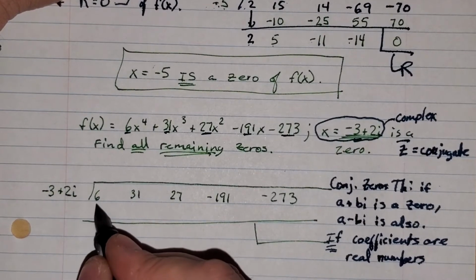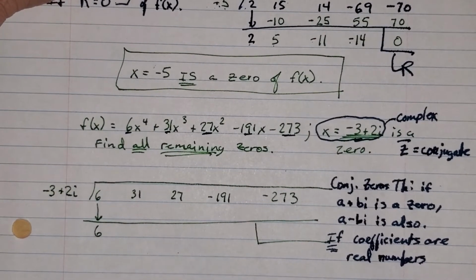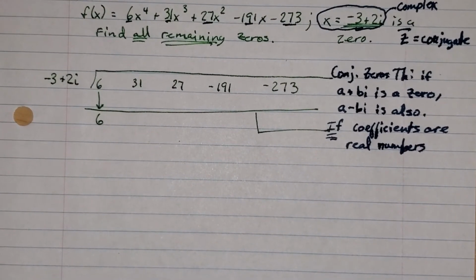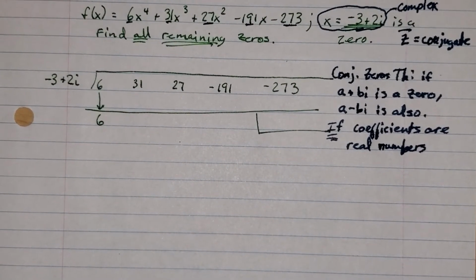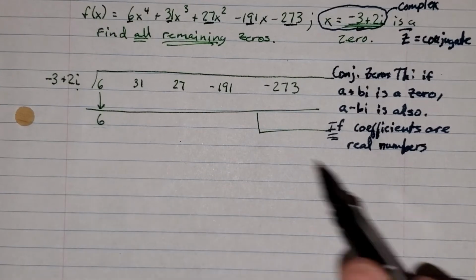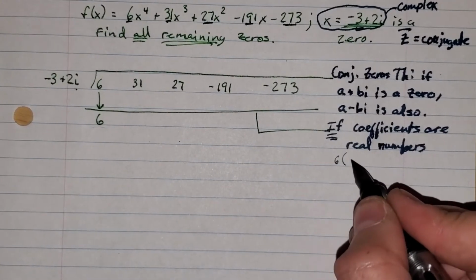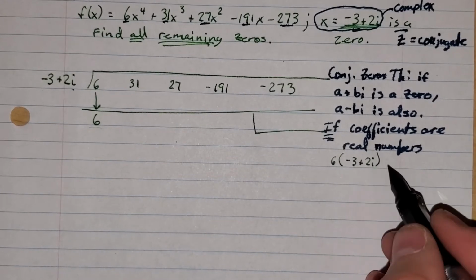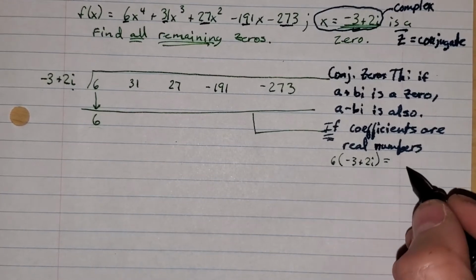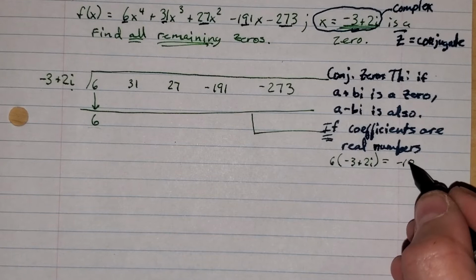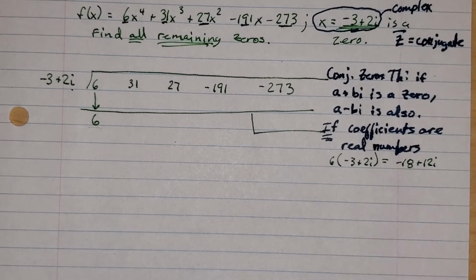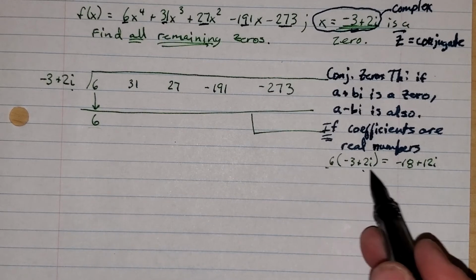Our first thing, we always bring this down. I'm going to show you what I'm doing as I do it because this is a lot of work. So I'm going to multiply by 6. So it's just going to be 6 times negative 3 plus 2i. I'm going to distribute that, and 6 times negative 3 is negative 18, right? And 6 times 2i is 12i. So that times that gives me that.